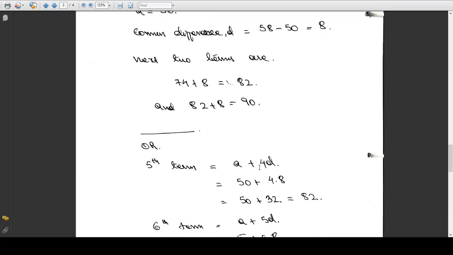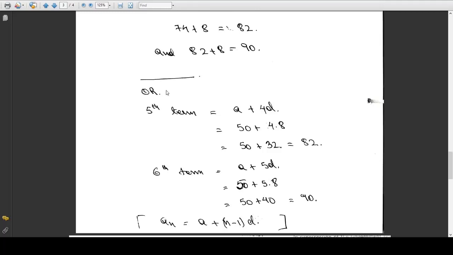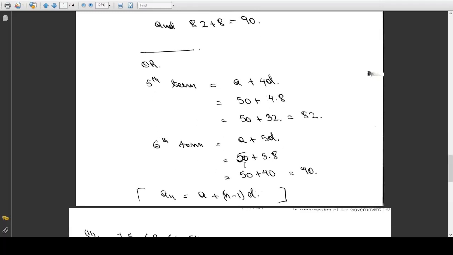This will be easier for you, but you can use this also to find the terms of an AP by this formula. An is equal to a plus (n minus 1)d. This formula you have to remember, it is a very important formula to find the term of an AP.